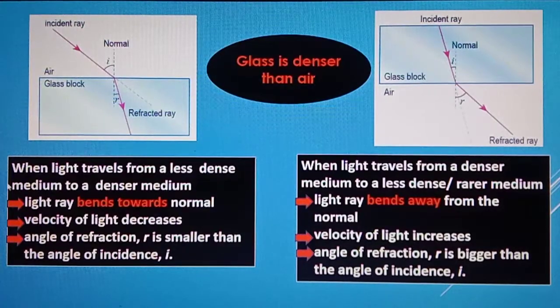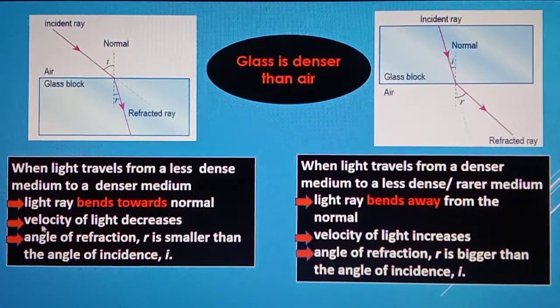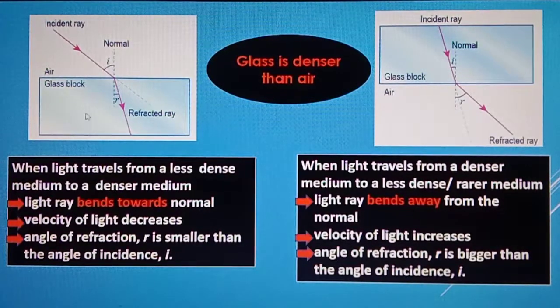For this one, we can explain it like this. When light travels from a less dense medium to a denser medium, what happens? The velocity of light decreases. So what happens to the light ray? It bends towards the normal. So you can see the angle of refraction R is smaller than I.